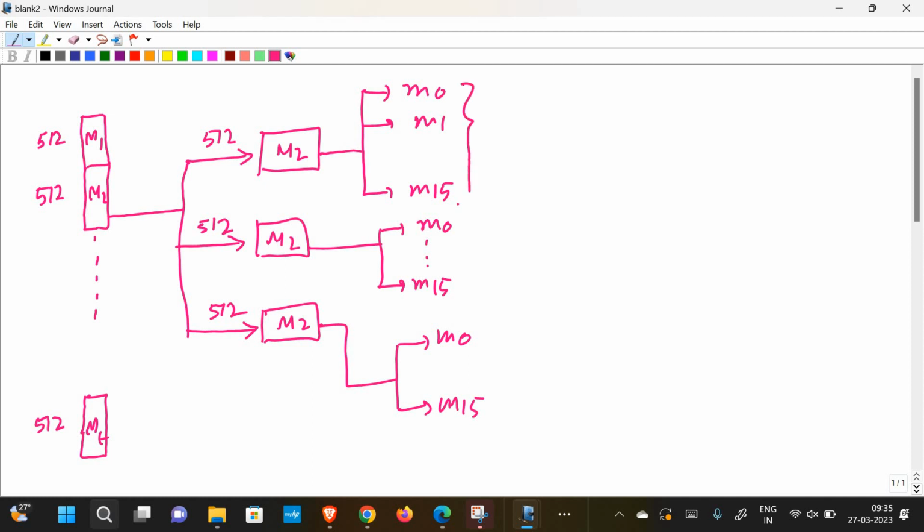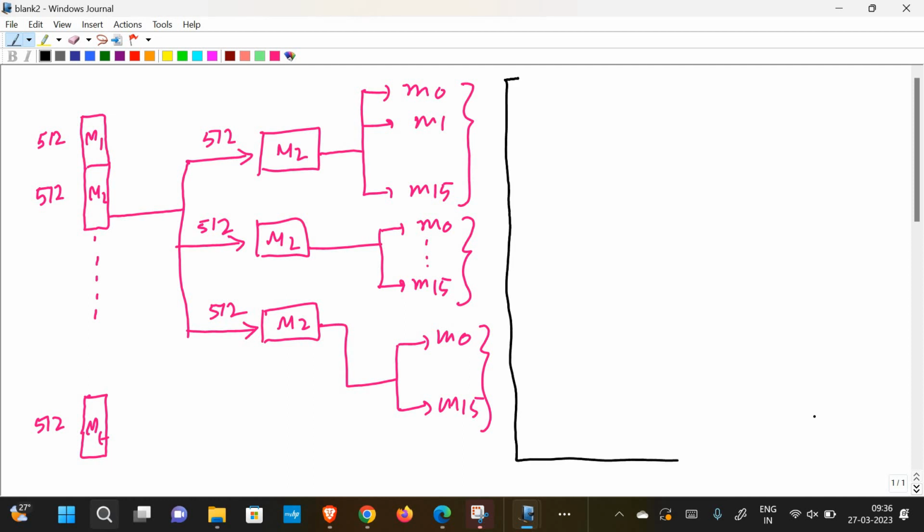So all these 16, if I combine them this way, this will go through, I'm just directly drawing it this way.